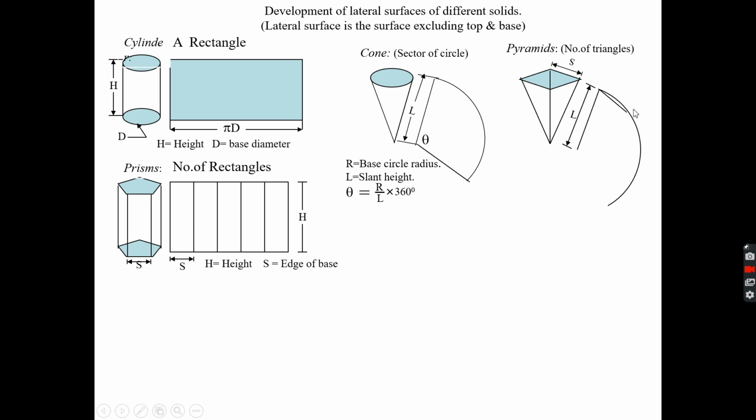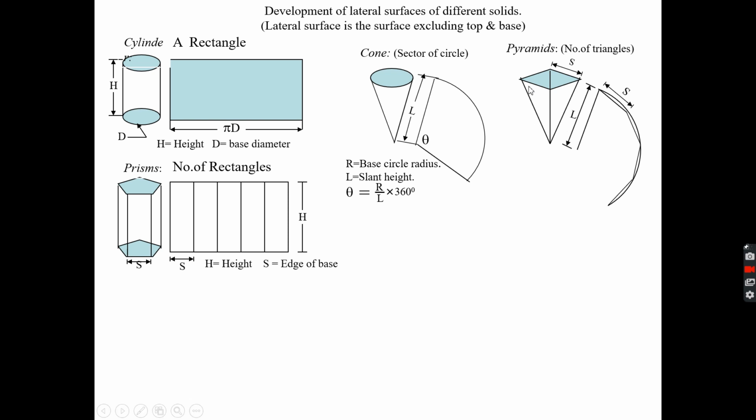So there will be one triangle. Similarly, for this other point you get, again take it as a center and mark an arc in the sector of the circle.